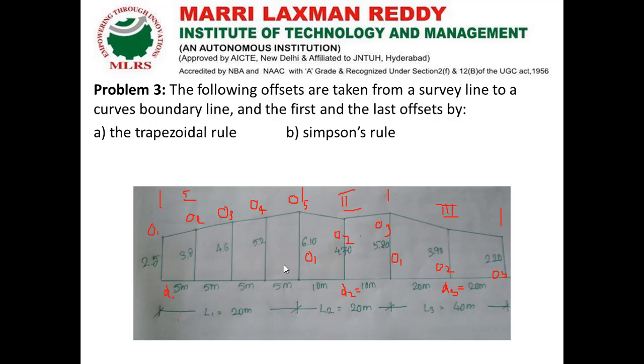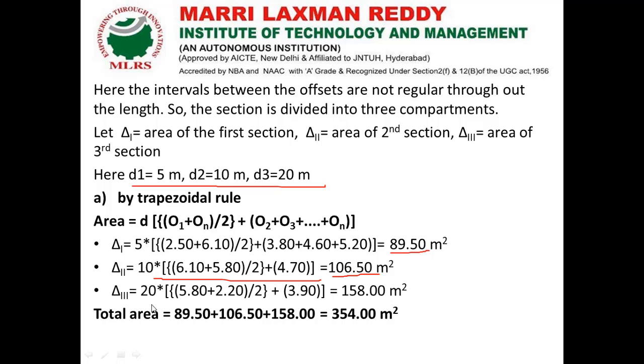Then the third portion: d equal to 20 meter into first ordinate 5.80 plus the last ordinate 2.20 divided by 2 plus the remaining ordinate, that is 3.90, O2. It gives the area of 158.